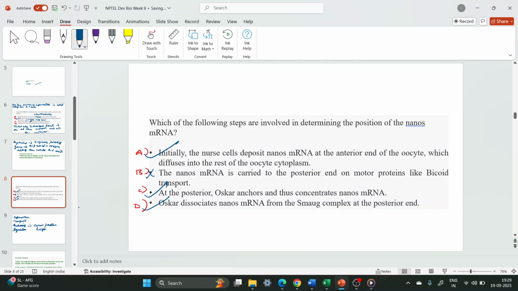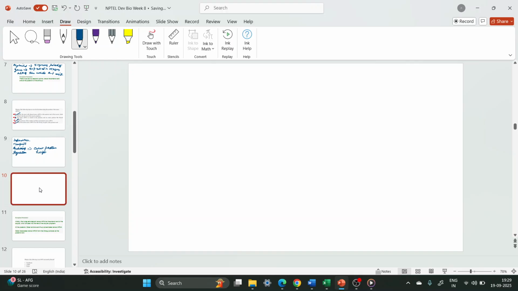Is it clear to everybody? So, what bicoid actually does is act as a transcription factor. It activates what? I'll write it over here again. Bicoid. These are very important points.